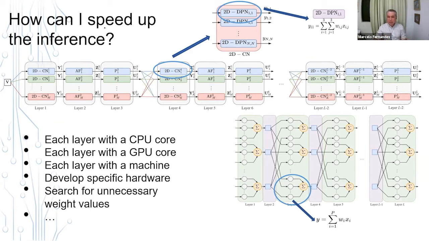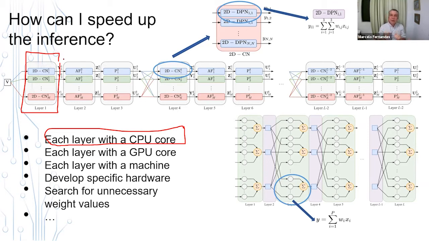There are many ways. For example, I'm just putting some ideas here. For example, each layer with a CPU core. It's a way to accelerate.